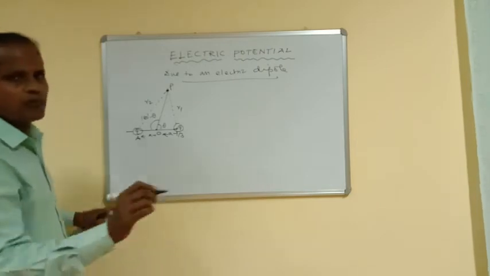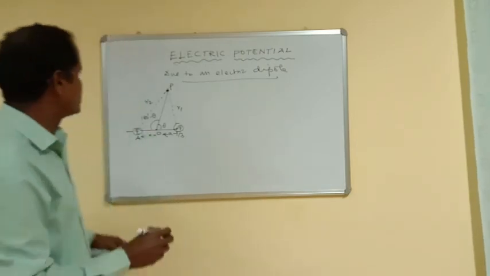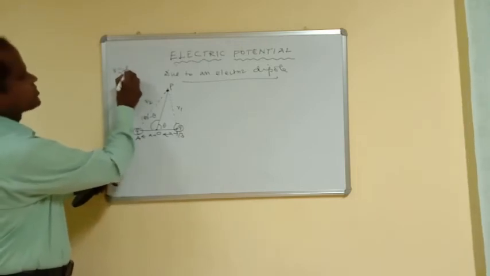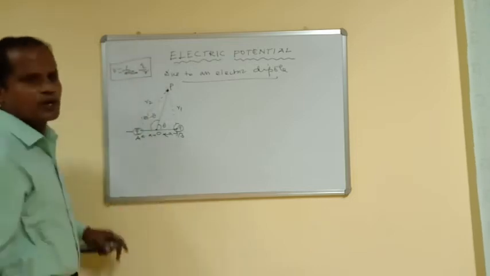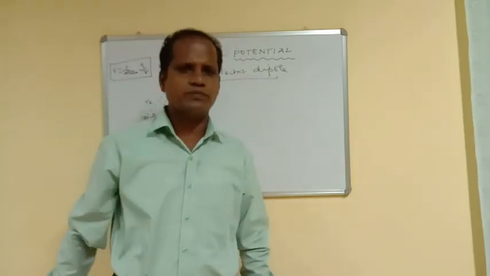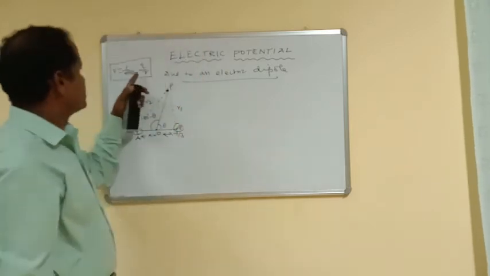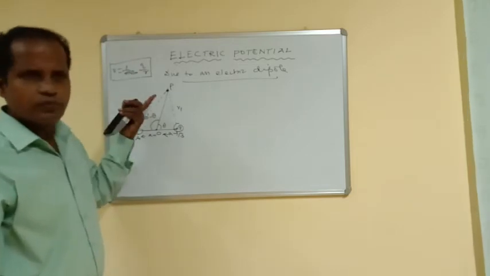You know the formula for electric potential at a point due to a point charge: V is equal to 1 by 4 pi epsilon 0 q by r. We are going to use this formula. This is a scalar, so if you have plus q, put plus q; for minus q, put minus q only.